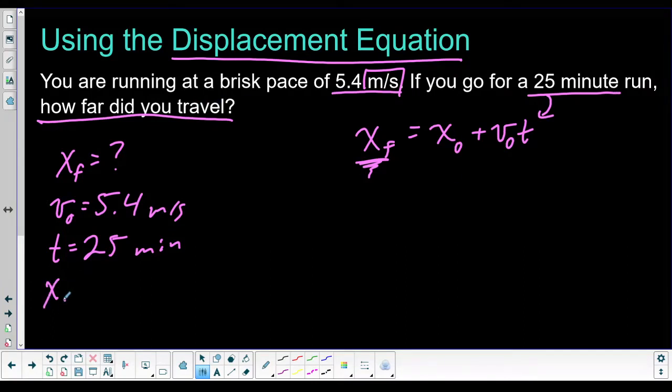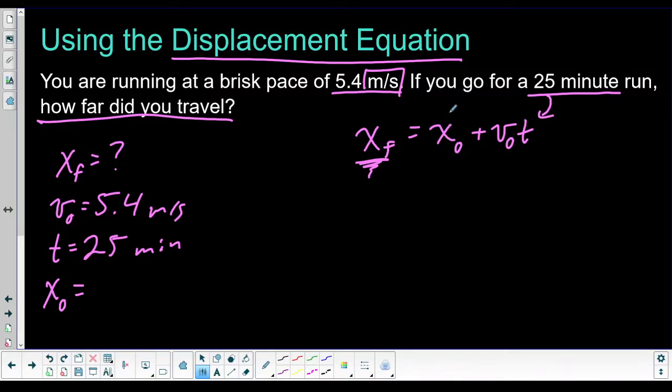What is x naught? What is my starting position? If they don't tell you a starting position, what you want to do is you want to assume. You don't want to assume anything because you know what they say about assuming. You have to be very rigorous and skilled at it to get it right.